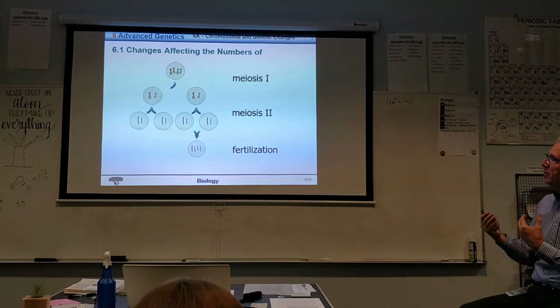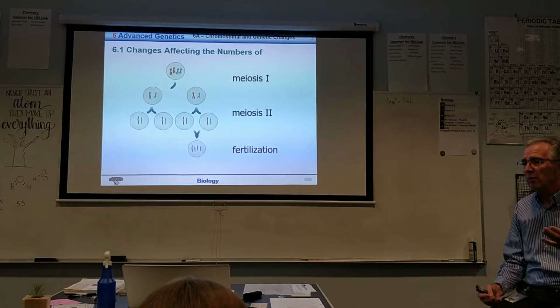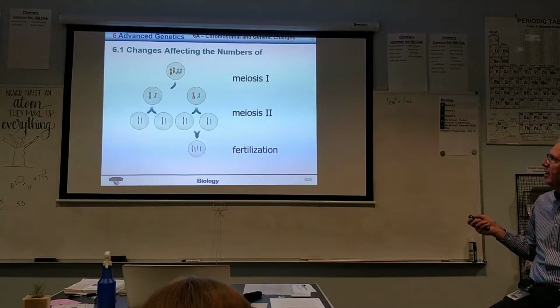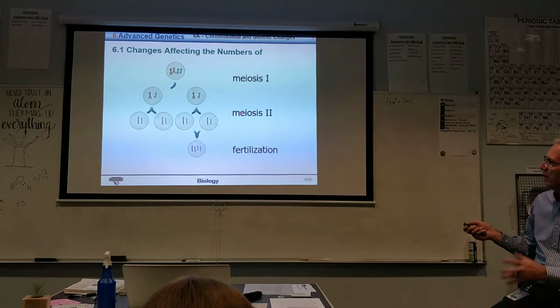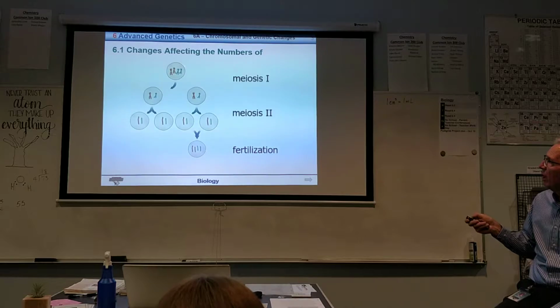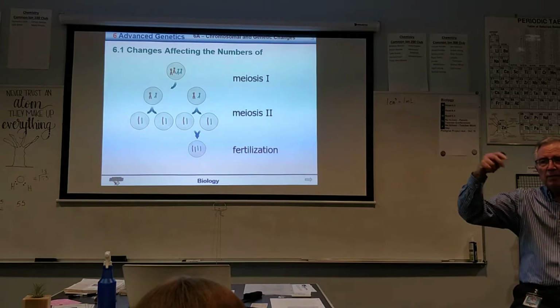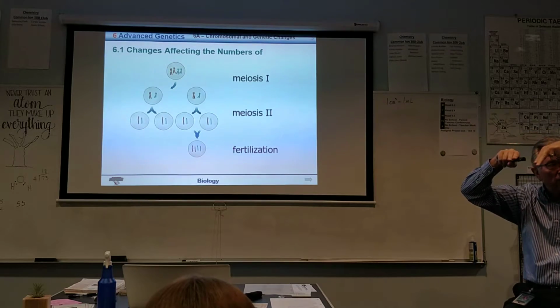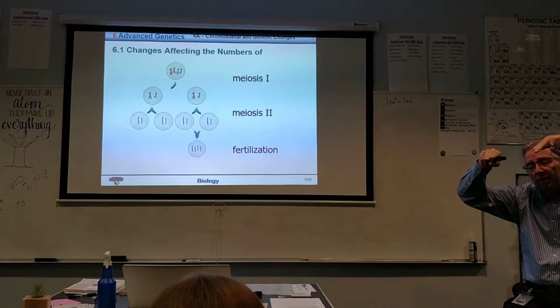So when are these changes likely to occur? Well, they're likely to occur in one of the parts of meiosis. Remember in meiosis 1, it begins with, instead of being 2N, now it's 4N.